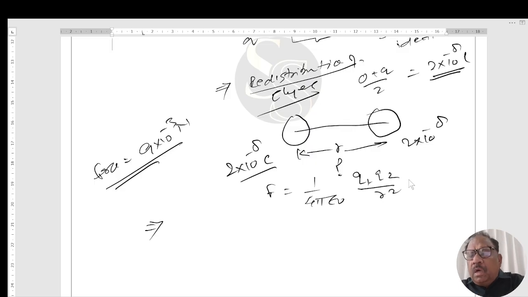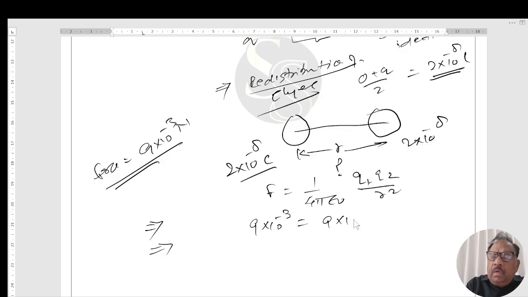If nothing mentioned regarding the medium, we have to consider it as air, right? This comes out to 9 × 10⁻³ = 9 × 10⁹ into 2 × 10⁻⁸ into 2 × 10⁻⁸ upon r².